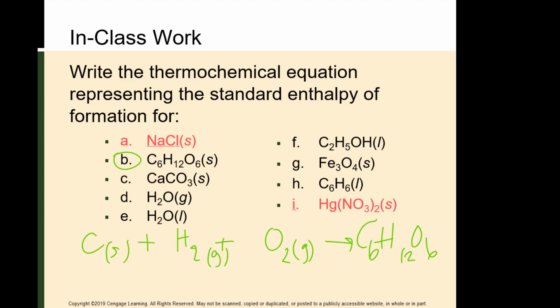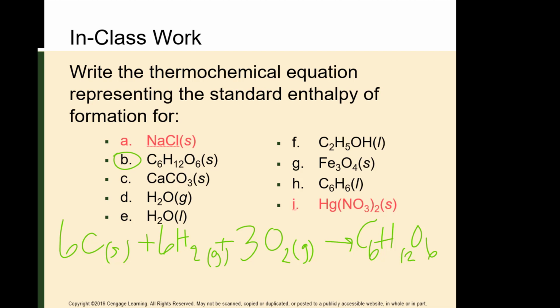All right, so I need 6 carbons, I need 12 H's, and I need 6 O's. There we go. And we would just need to look up in our appendix to see what the C6H12O6 enthalpy of formation is.